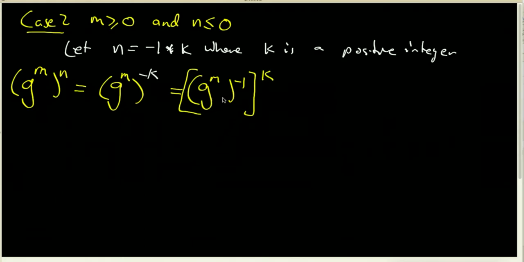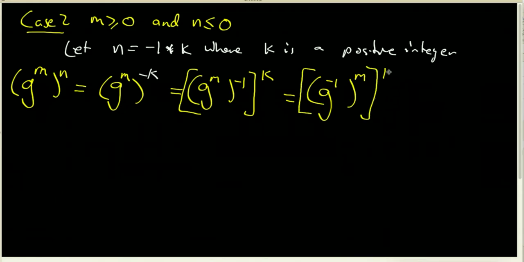But I also know what to do with this inside stuff here. Our lemma applies to this as well, and when we apply that, we get g to the negative 1 to the m, and then we're going to be raising that to the k. So this is our lemma kicking in.